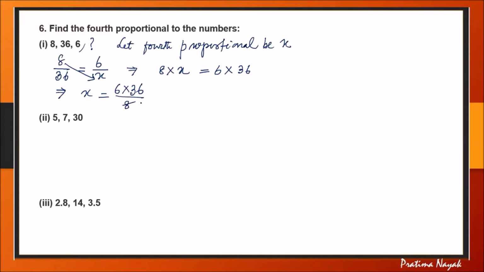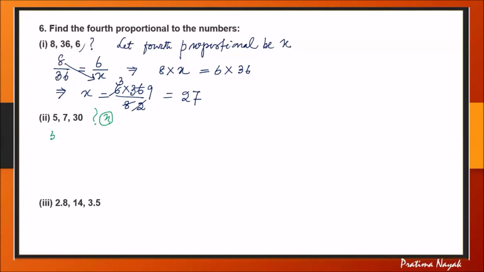So you can cancel 4 2 times, 4 9 times, and 2 I can cancel with 3. So the answer is 27. Now coming to the second part. Similarly, here also the fourth proportional is not given. I can take it as x.